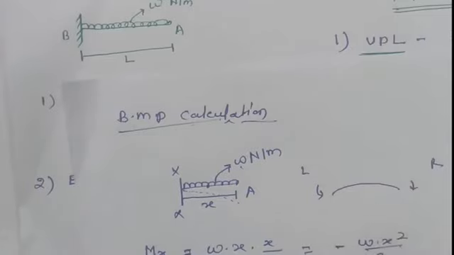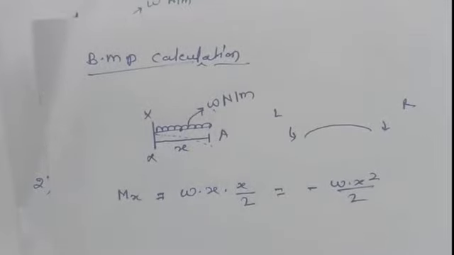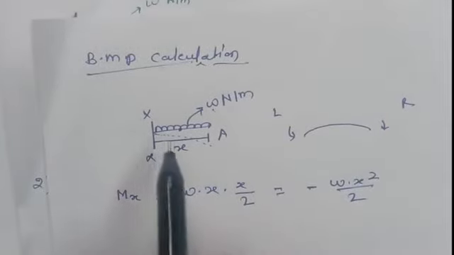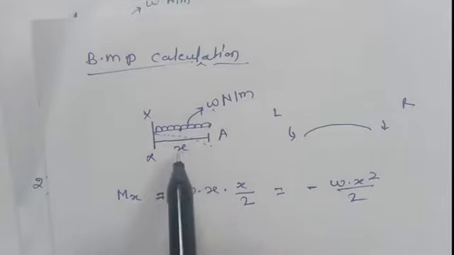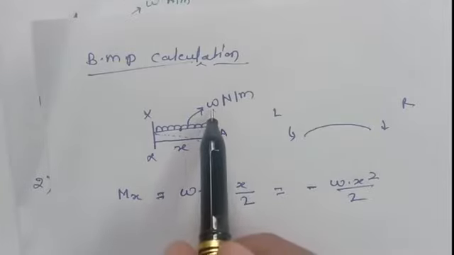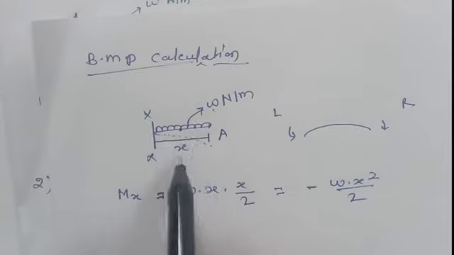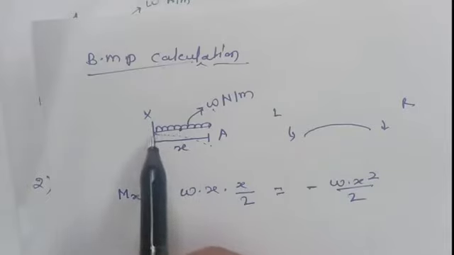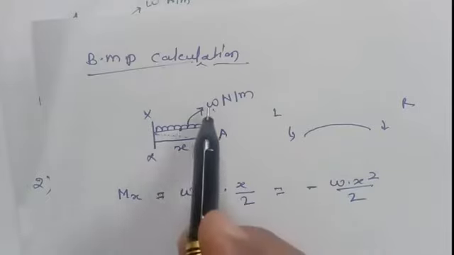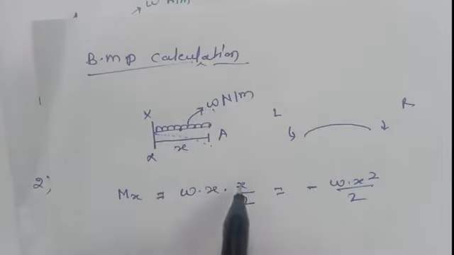Always in the UDL case, we have to consider W into x, the intensity acting on the total length x, and the centroidal distance, half of x, so x by 2.